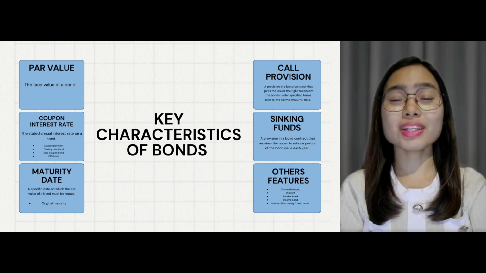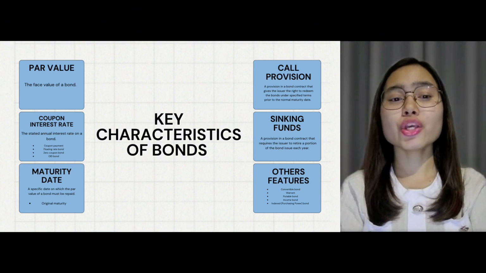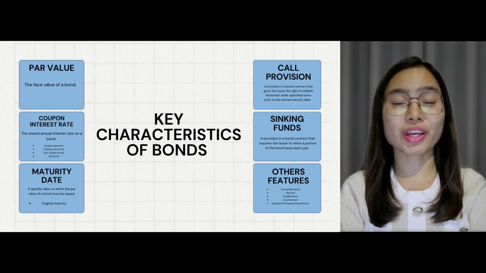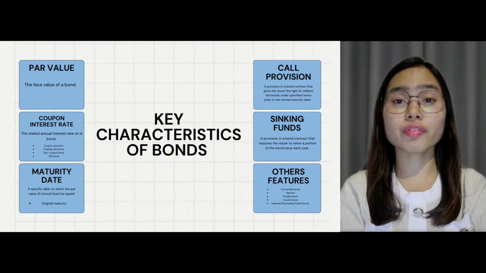Coupon interest rates. It is the periodic rate of interest paid by bond issuers to the purchaser. The coupon rate is calculated on the bond's face value, or par value as we call it, not on the issue price or market price. For example, Alice bonds have a $1,000 par value and they pay $100 in interest each year.